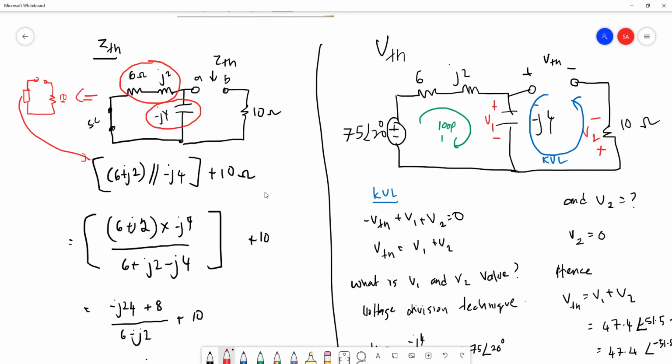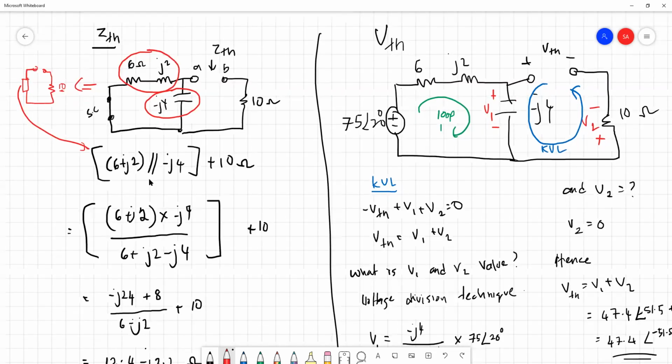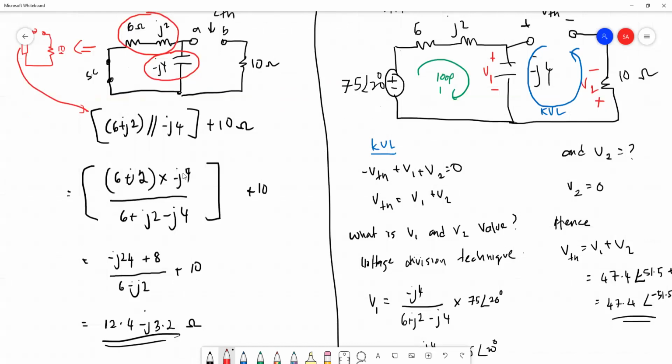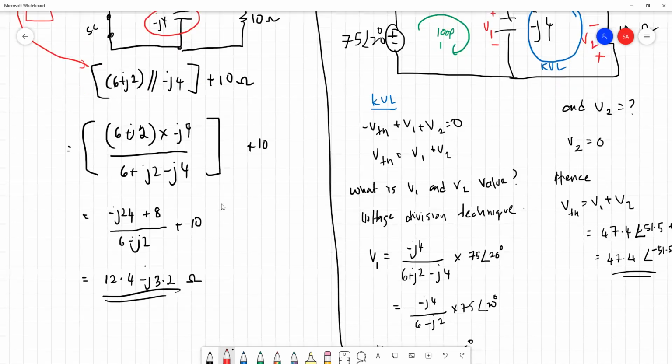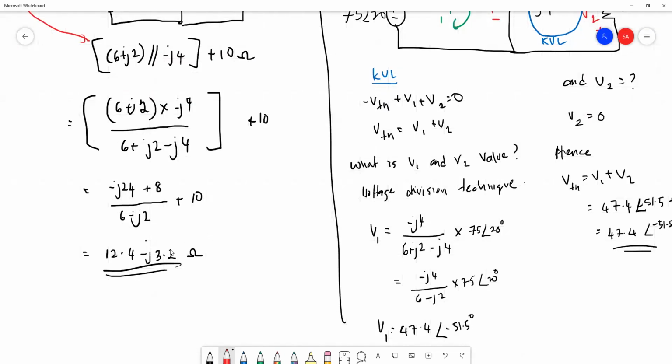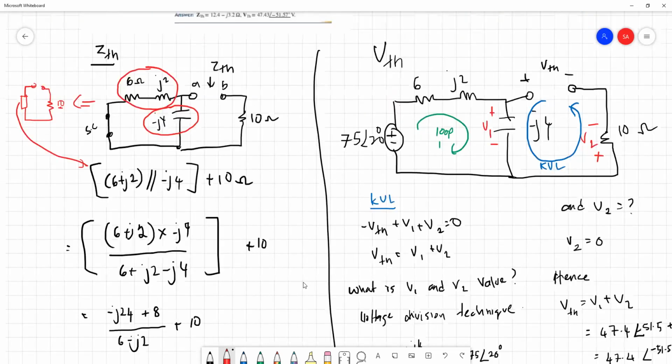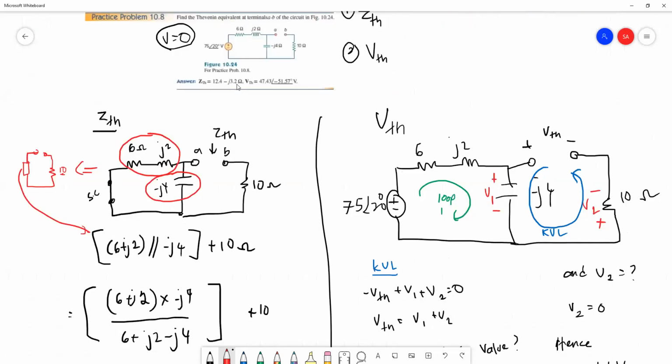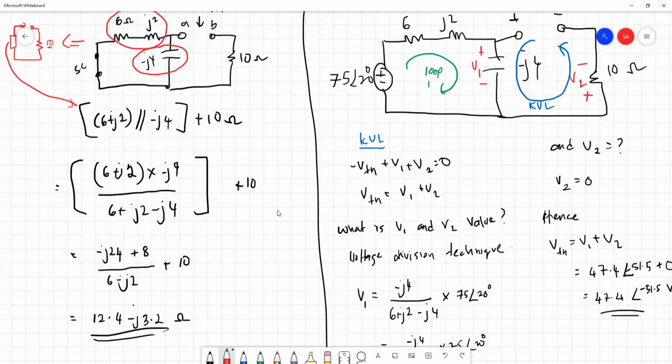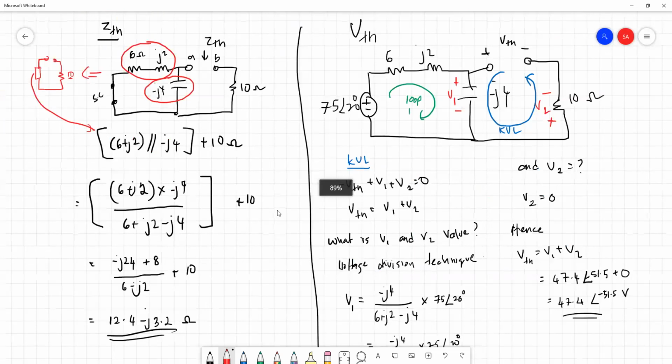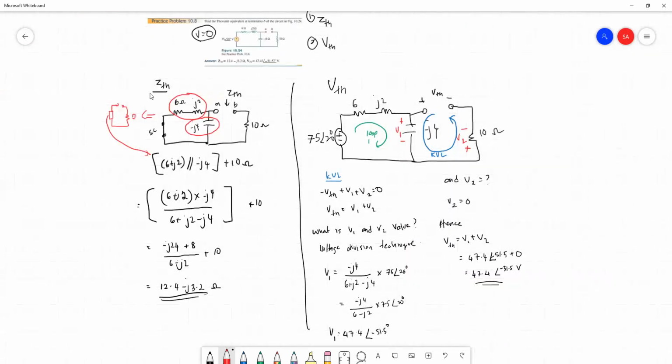So this is parallel, and these are the steps. After you have done this, you will have the equivalent impedance, which is 12.4 minus J3.2 ohm, which equals the answer here. Okay. So any question on the Thevenin impedance?